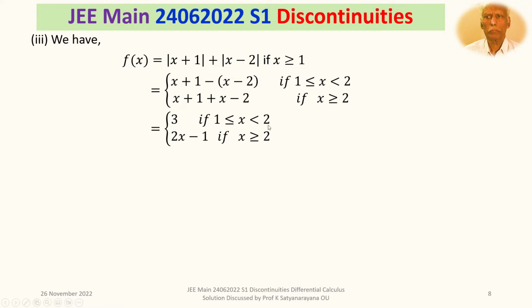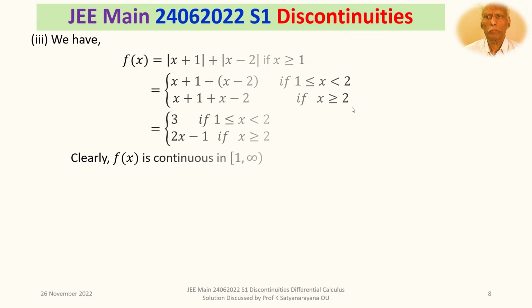And if at all there is a discontinuity, if someone suspects, then the left hand limit at 2 is 3, and the right hand limit is 2 twos are 4 minus 1, 3, so they are equal. So the right hand limit and left hand limit are equal at x is equal to 2. Therefore, it is continuous from 1 to infinity.